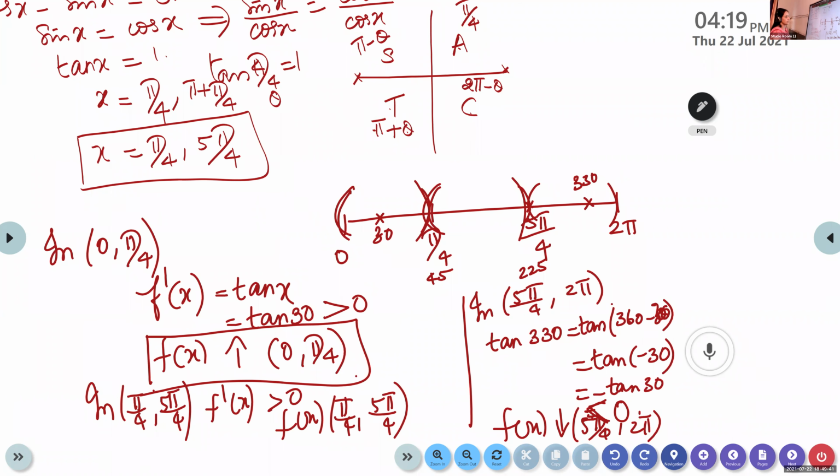Practice these questions in trigonometric functions, give more importance.